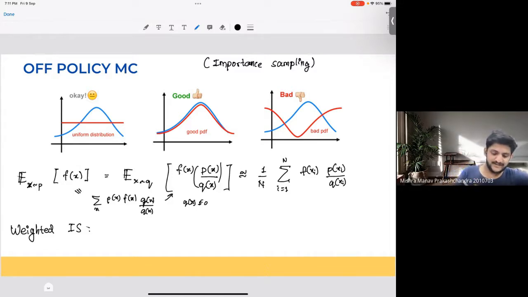So for my weighted importance sampling, the equation looks something like this.